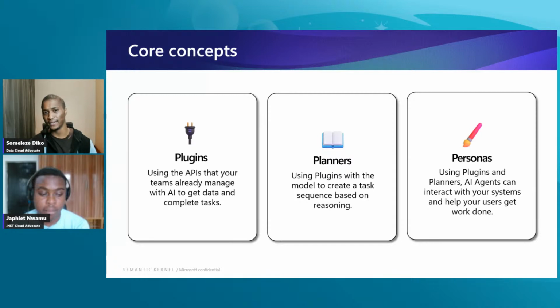And then for planners, which is the other concept within Semantic Kernel, we have those APIs. Now that you have the understanding of how you can use APIs through plugins with Semantic Kernel, we have those APIs that you need to do tasking with, and you can create multiple tasks. For example, say you need your top 10 accounts from the sales account, and then you need to review your calendar and have the LLM do the planning for you.